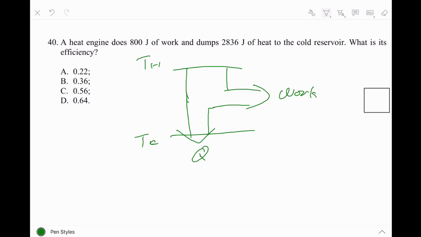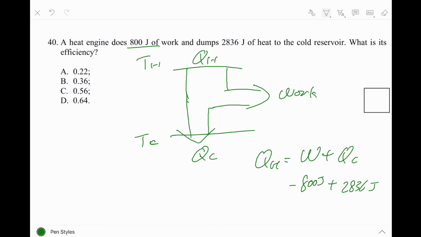So this is QC, QH, this is work done. So the conservation of energy says QH is equal to work done plus QC. All right. Now the engine does 800 work, so this is 800. Dump, so this is 2836.